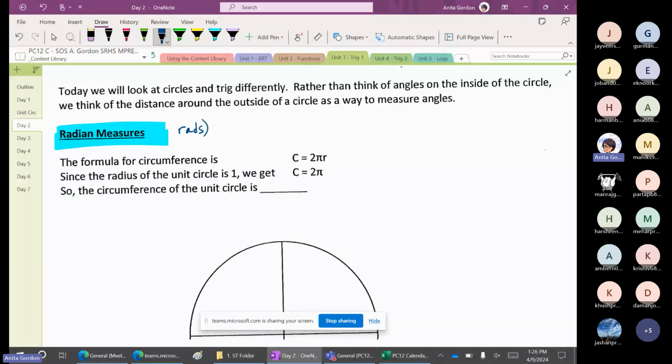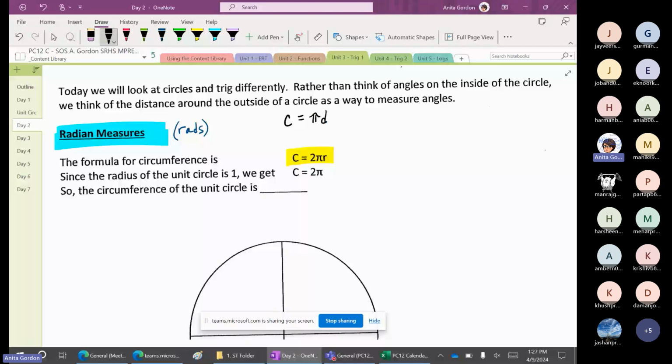Hopefully that's easy to remember. Radians is rads. And they come from the equation of the circumference of the circle. Remember that the circumference of the circle has the formula C equals 2 pi r. Some of you will have learned this differently as pi times d.